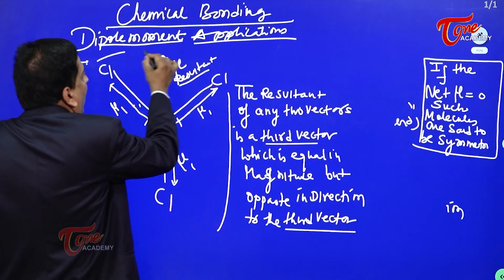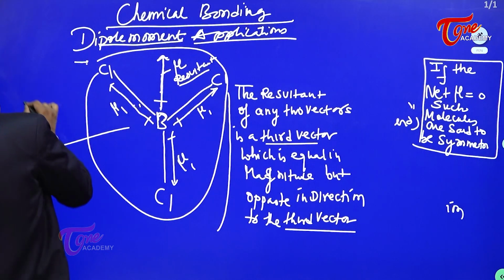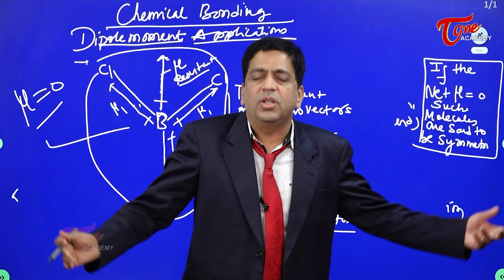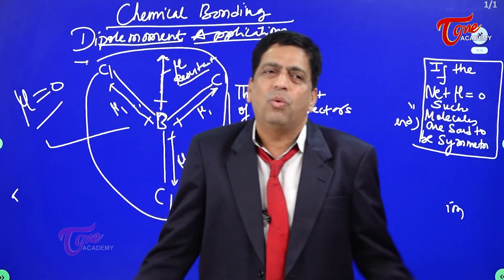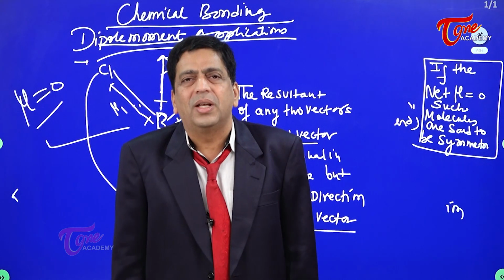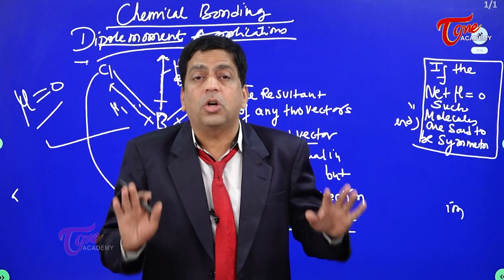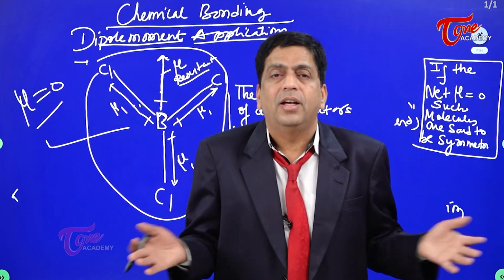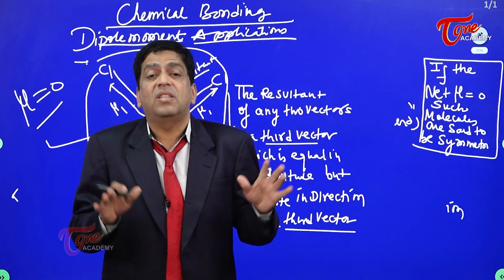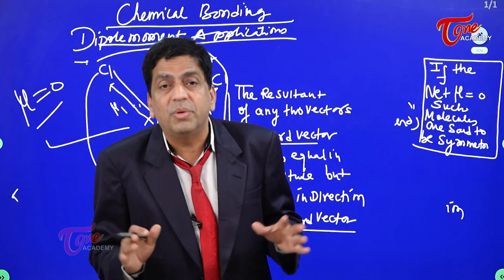So what I say is basically, even though the bonds are polar, the net dipole moment is zero. You must understand. So I am basically asking you, please do not celebrate just because the bonds are polar. Even though the bonds are polar, sometimes the net dipole moment comes to zero.